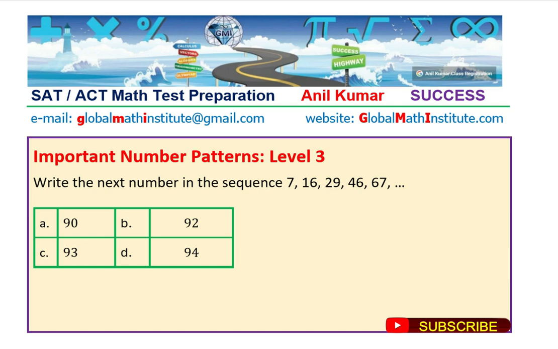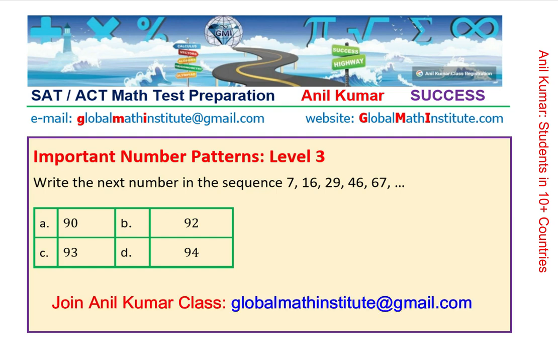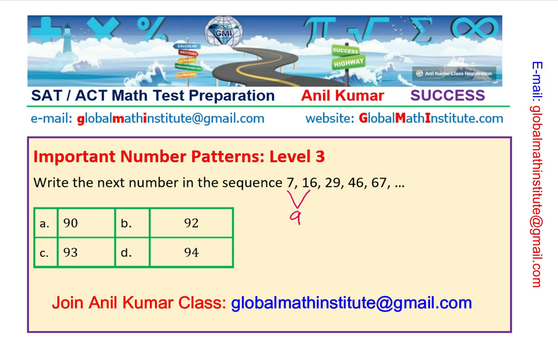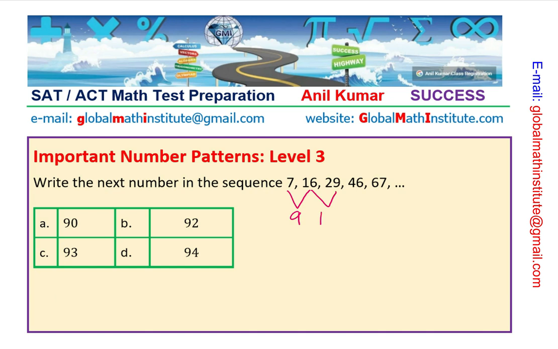Now, in the second question, we'll see how we write the next term. We are given 7, 16, 29, 46, 67. Now, the standard way is to find the common difference. The difference between 7 and 16 is 9, and then the next one, 29 and 16, is 13.